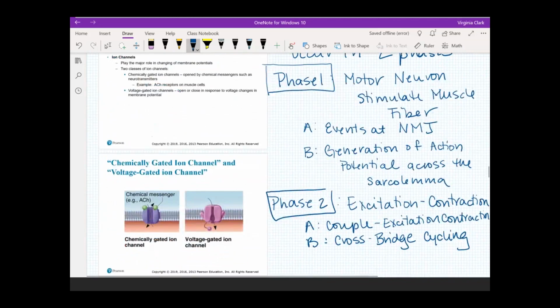So what we're getting ready to do is go through 4 steps: neuromuscular junction, action potential, and then that's going to do excitation contraction, and then we're going to do cross-bridge cycling. So these 4 steps are essentially going to be what causes the communication from the brain to cause your skeletal muscle to contract. So we're going to go through all of these steps.